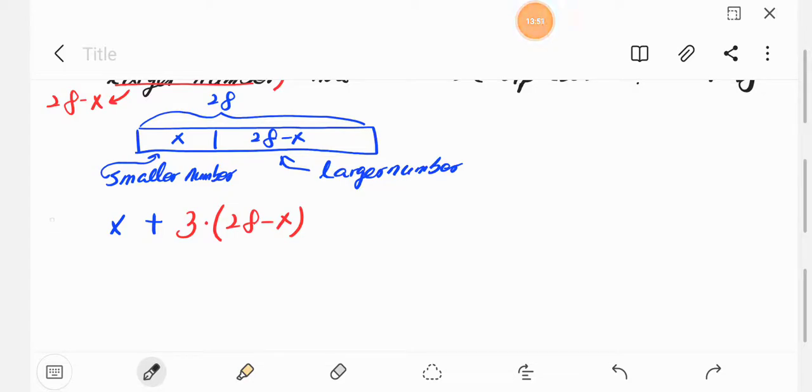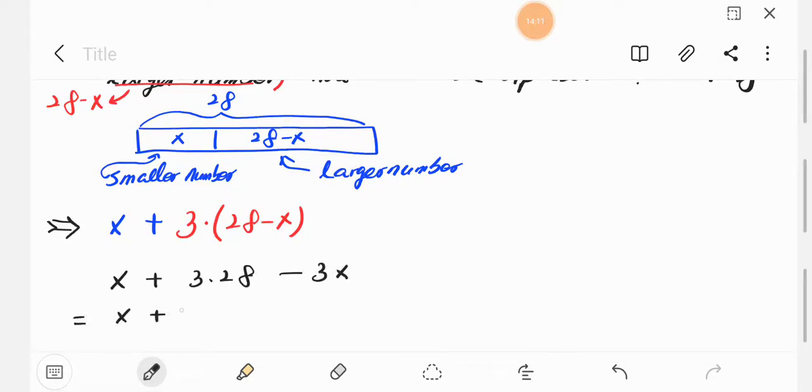Okay, so now let's simplify this expression. Alright, then x plus, use the distribution property, 3 times 28 minus 3 times x.